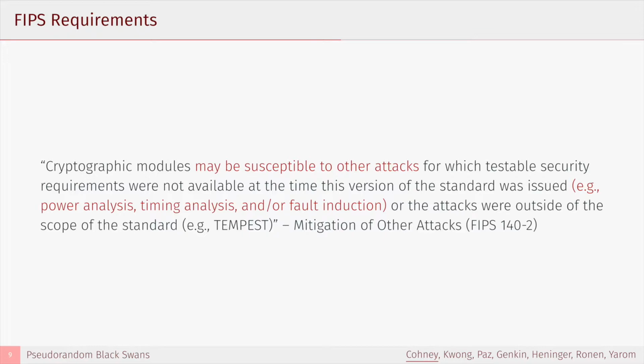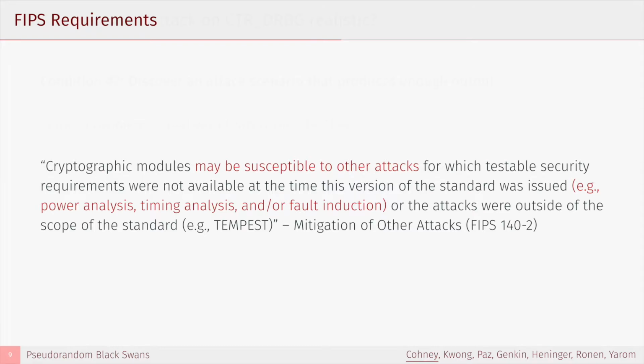FIPS 140, which up until September was the most recent version, permits the certification of modules with known side channel vulnerabilities. To quote the standard, "cryptographic modules may be susceptible to other attacks, e.g. power analysis, timing attacks, and/or fault induction." It also goes on to note that requirements for mitigating these flaws are not available, and are otherwise outside the scope of the standard. Therefore, it's unsurprising that SP 800-90, which is part of FIPS, doesn't include side channels within its threat model.